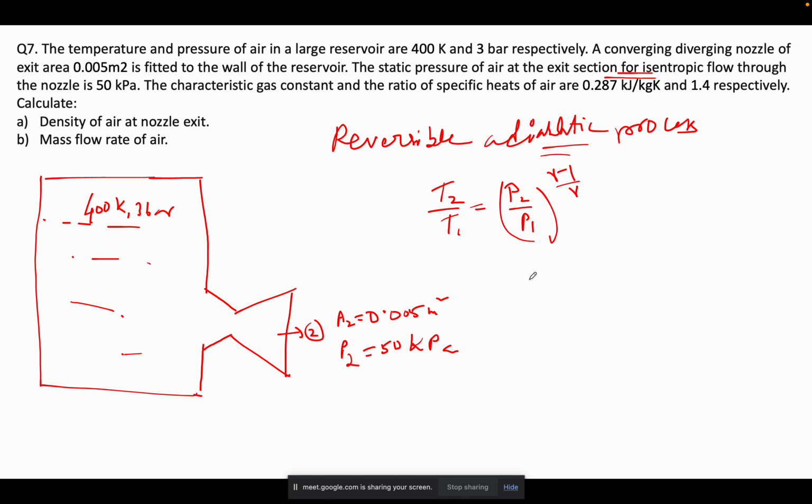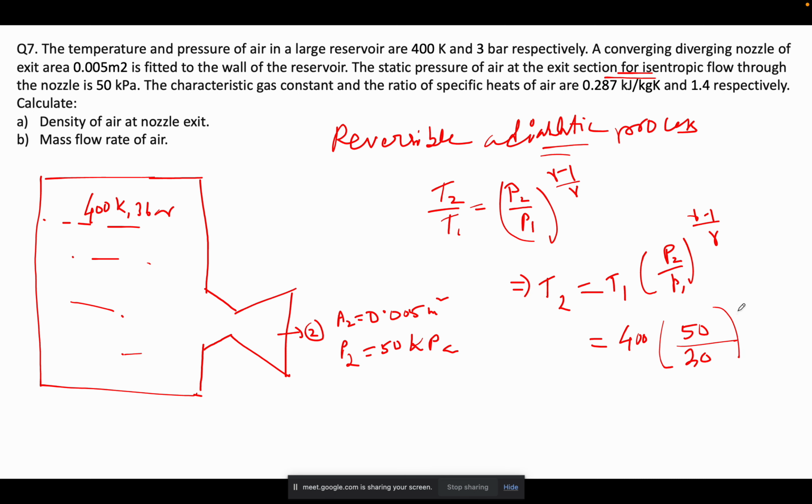So from here, T2 is equal to T1 times P2 by P1 to the power gamma minus 1 divided by gamma. What is your T1? T1 is 400 Kelvin. What is your P2? P2 is 50 kilopascal. And your P1 is 30 kilopascal. Yes or no? 3 bar, that means 30 kilopascal. So gamma minus 1 is 0.4, divided by gamma.